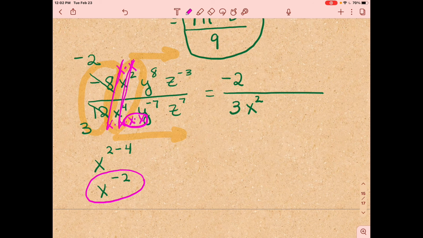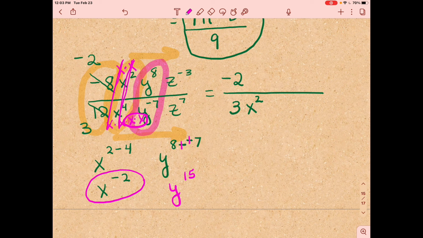All right, let's deal with our y's here. I have y to the 8 minus a negative 7. Remember, top minus bottom, literally 8 minus negative 7. So I am actually going to end up adding the opposite, and I end up with y to the 15th power. Okay, does this make any sense? It does.